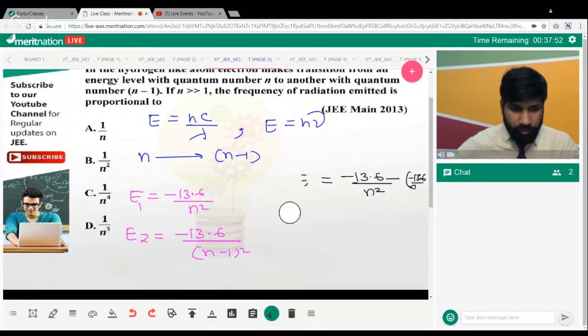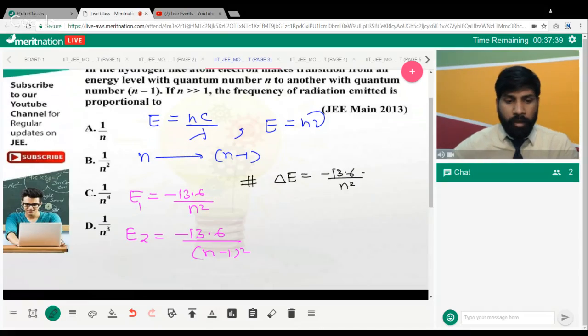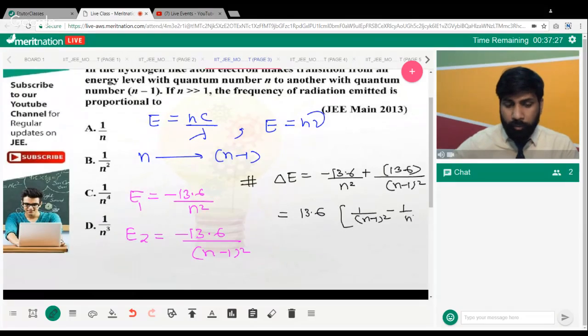Let me erase this. Here we can discuss this one. Delta E is equal to minus 13.6 over n square plus 13.6 over n minus 1 whole square. I'm taking 13.6 common, so we get 1 upon n minus 1 whole square minus 1 upon n square.